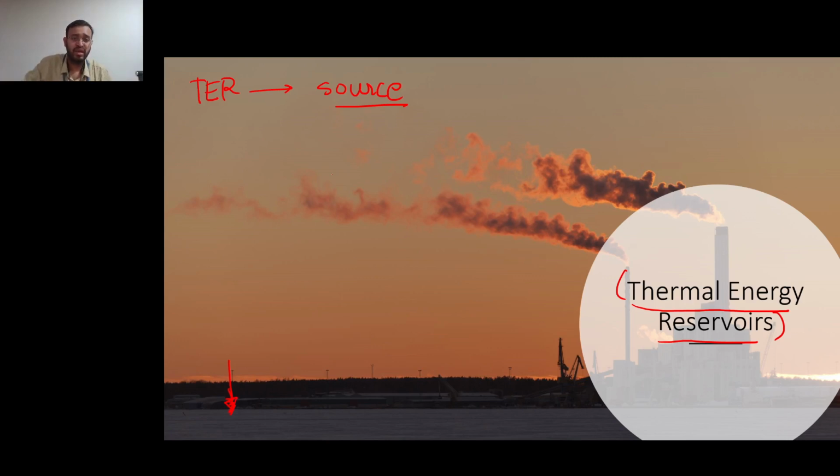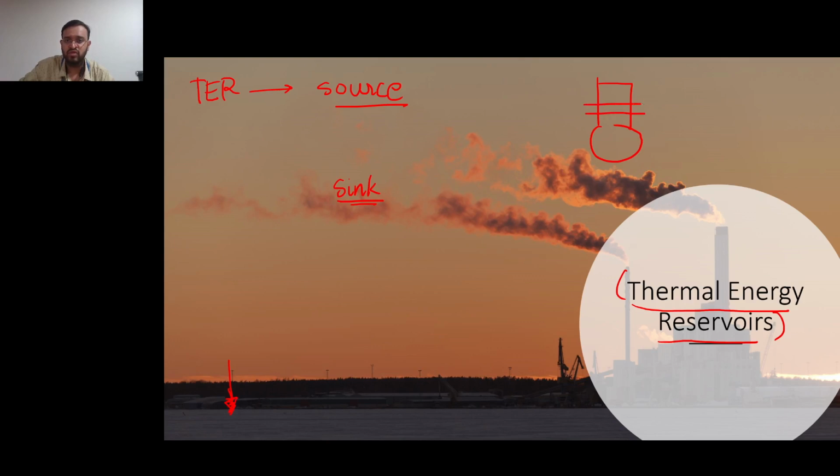Next, we'll be looking at the concept of a sink. In our example, let's consider the same water body. If you pour in some amount of hot water, its temperature does not change appreciably. So a sink is a thermal energy reservoir which is used to absorb waste thermal energy. For example, you have a bike engine running for a very, very long time.